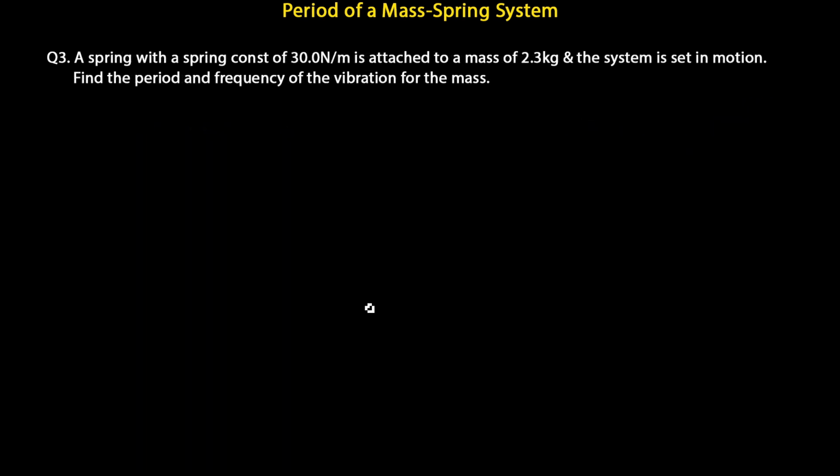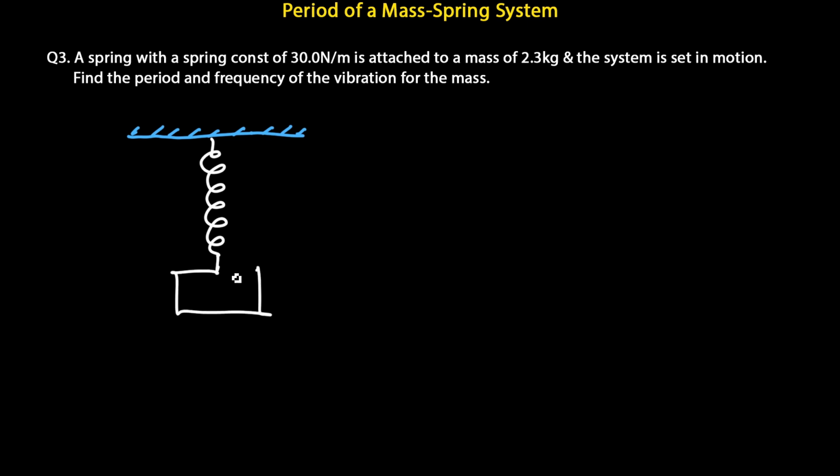So the very last question, we've got a spring with a spring constant of 30.0 newtons per meter, and it's attached to a mass of 2.3 kilograms, and the system is set in motion. Find the period and frequency of the vibration for this mass.